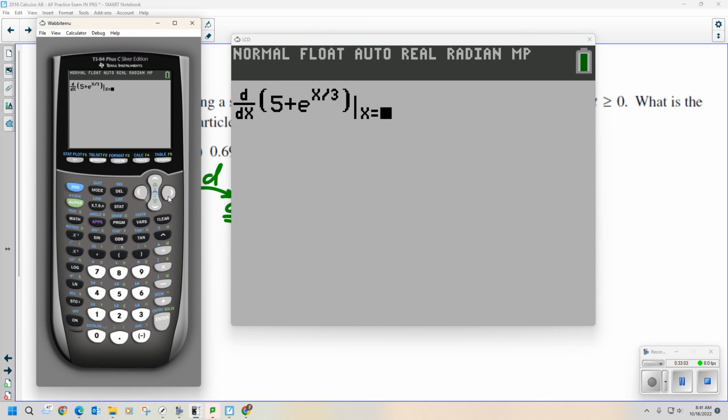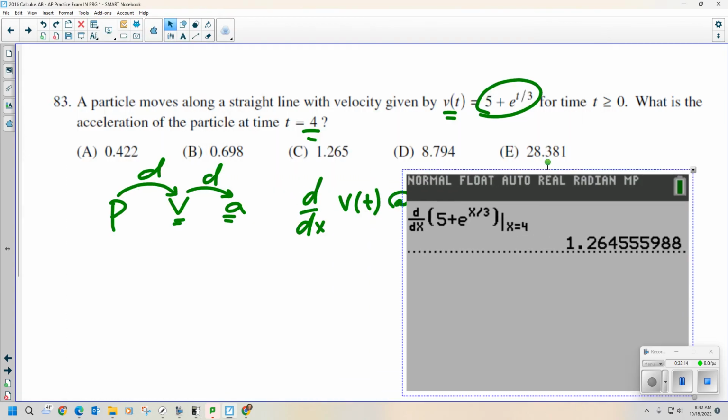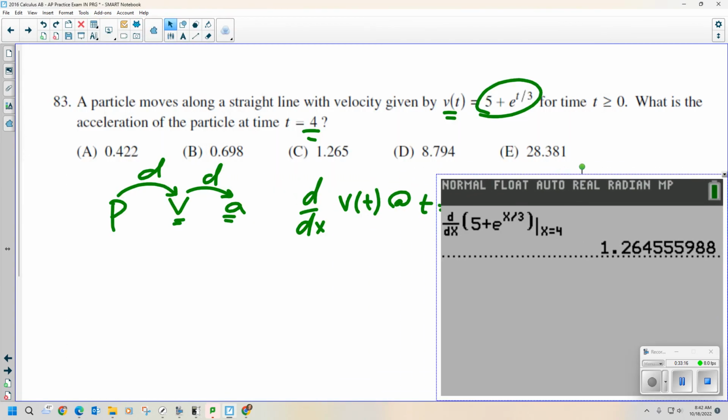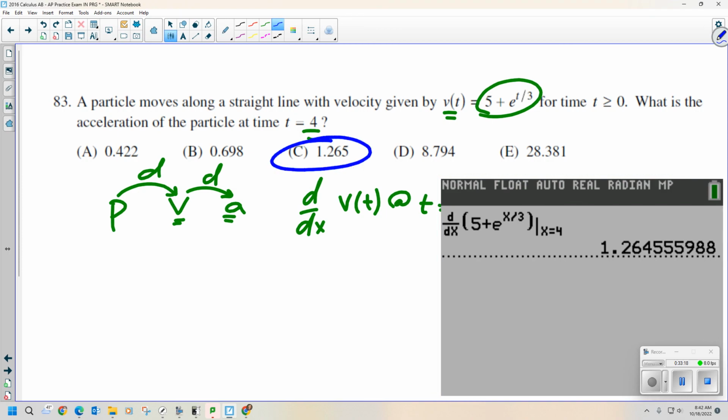And I want that when my x value is 4. I'm using x instead of t. That's it. 1.265. Okay, I'm rounding that up. 1.265. Look at that. C. Real easy.